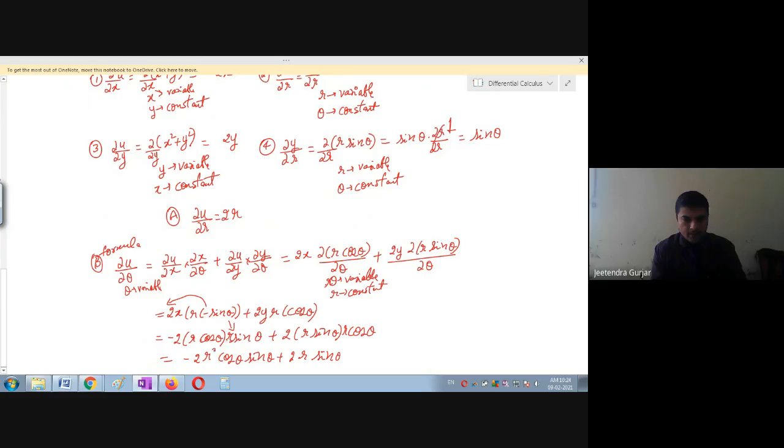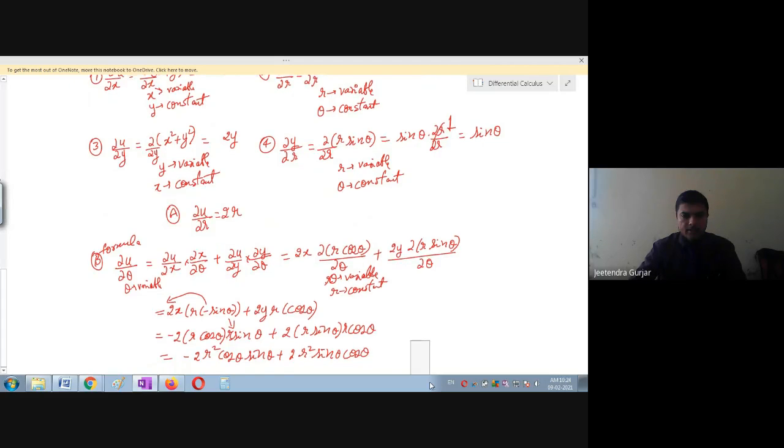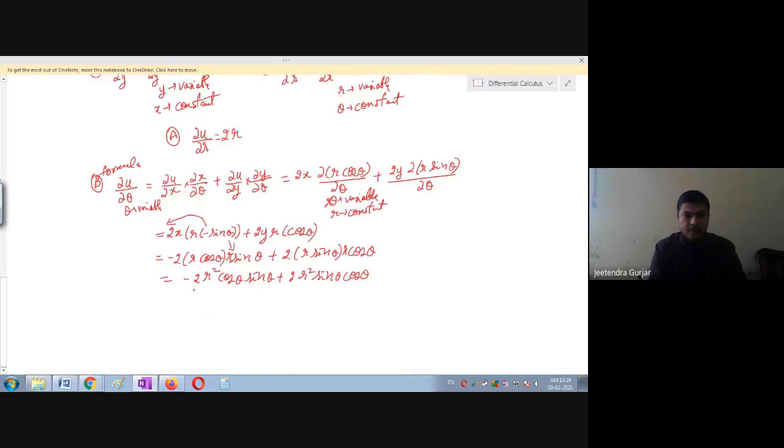One r is there, therefore this is r square. So r into r, this is square. Sin theta cos theta, one can easily see that these both will get cancelled. So this value is equal to 0. So this is our b, dou u upon dou theta.